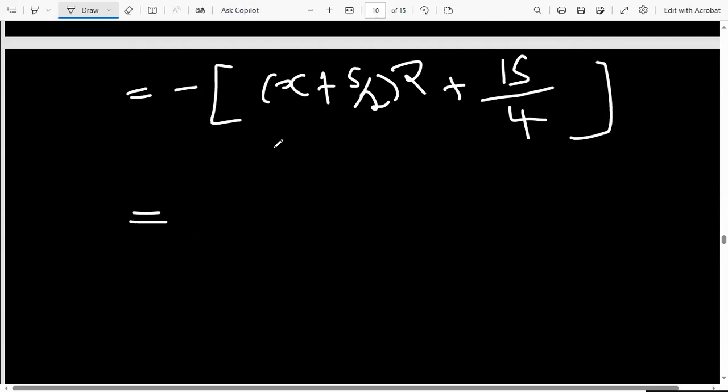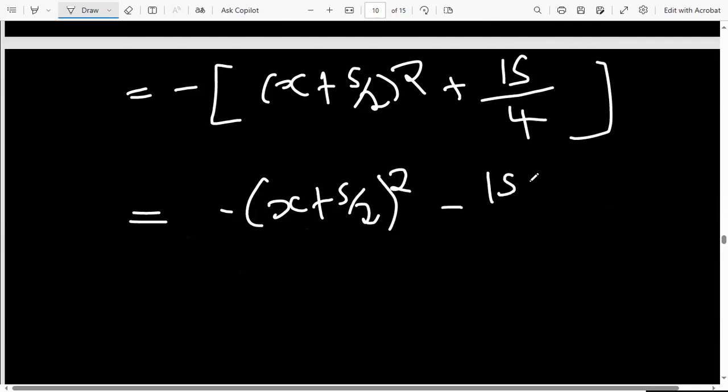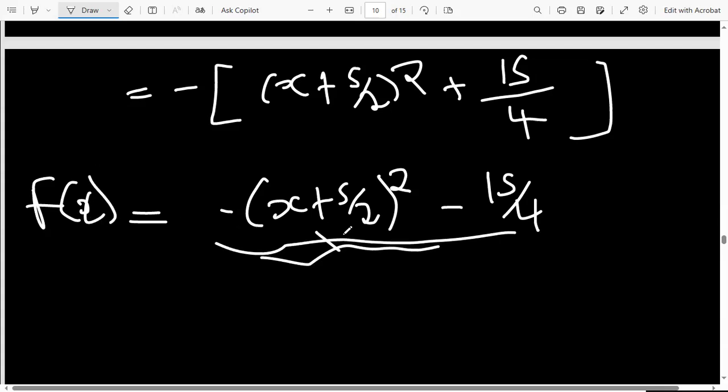So if I multiply with a negative here, I'm going to have minus, okay, x plus 5 over 2 squared, then minus 15 over 4, like that. Okay, so I've presented the function that we had in the completed the square form.